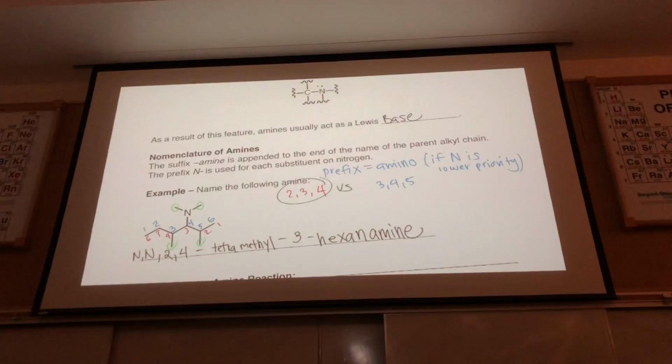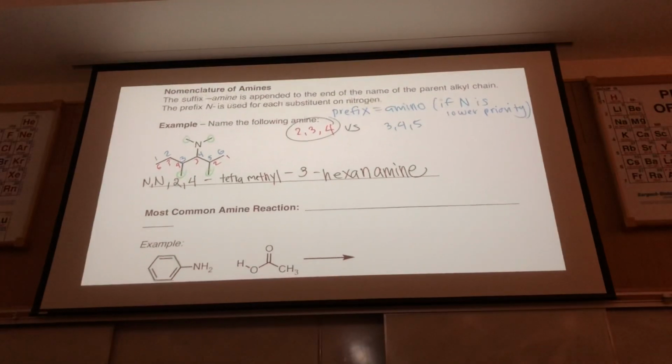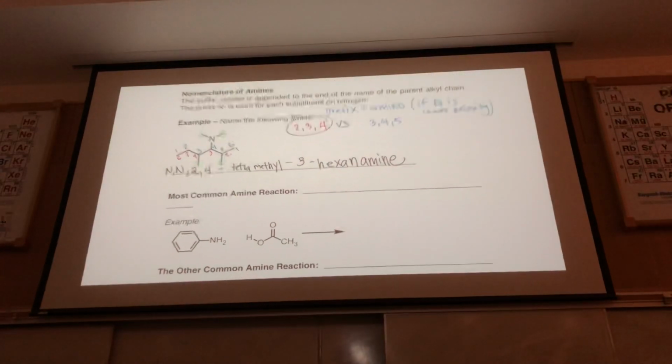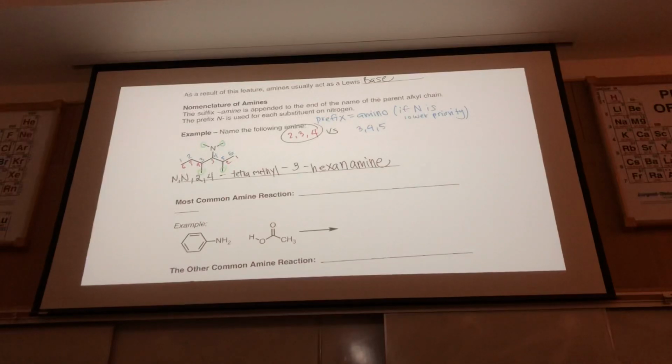Okay, so once again, keeping it simple, when we start off our amine reactions, think of it as having 2 possible roles. Think of the nitrogen as acting as a Brønsted-Lowry participant in an acid-base reaction.